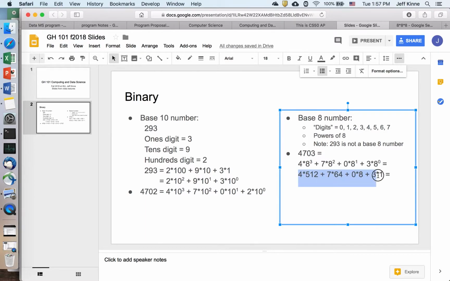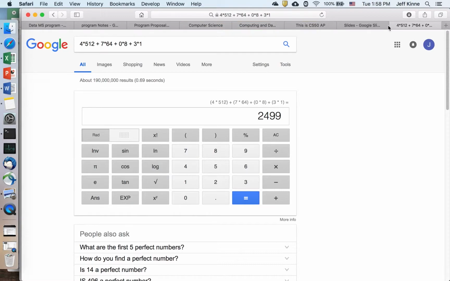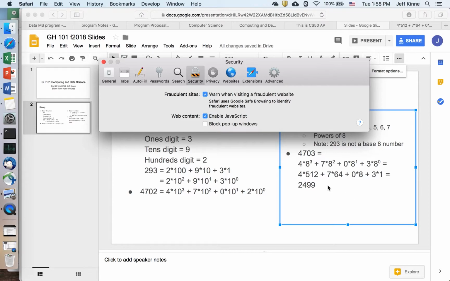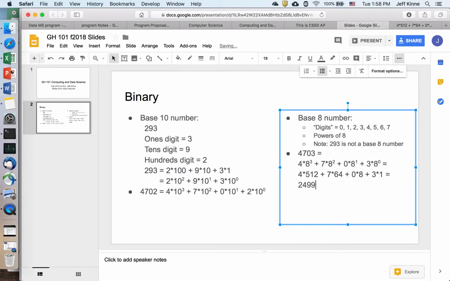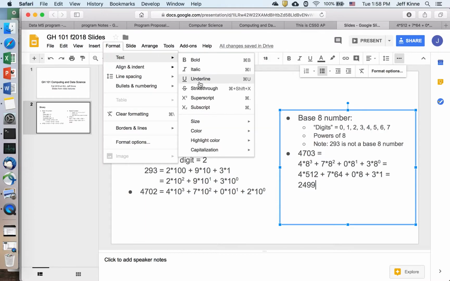That's something we can put into our calculator or ask Google. 2,498. And I'm going to put a little, let's see, I want to make this a subscript.